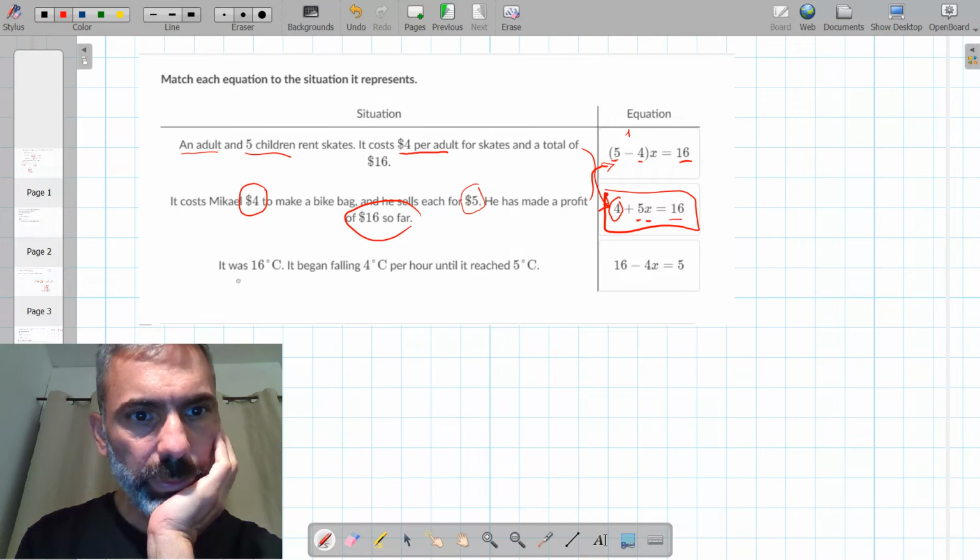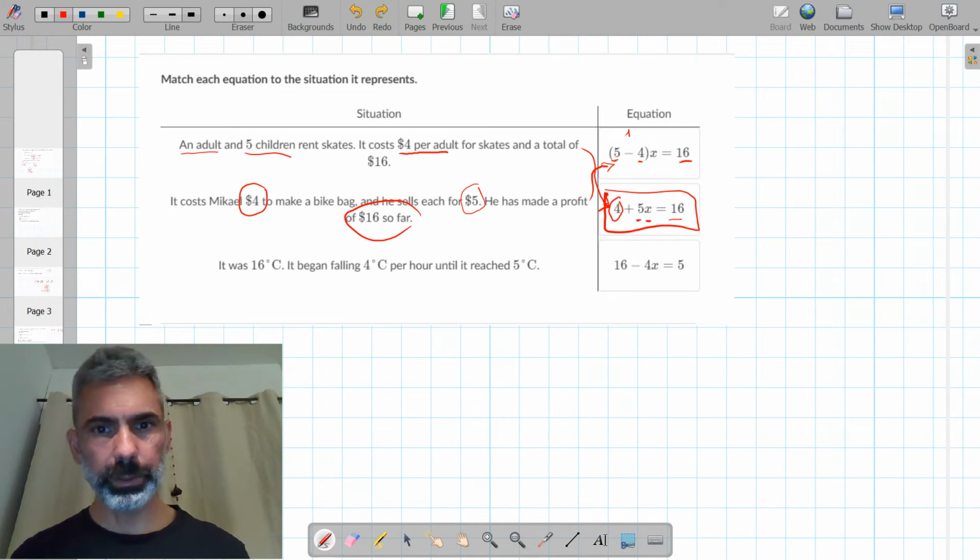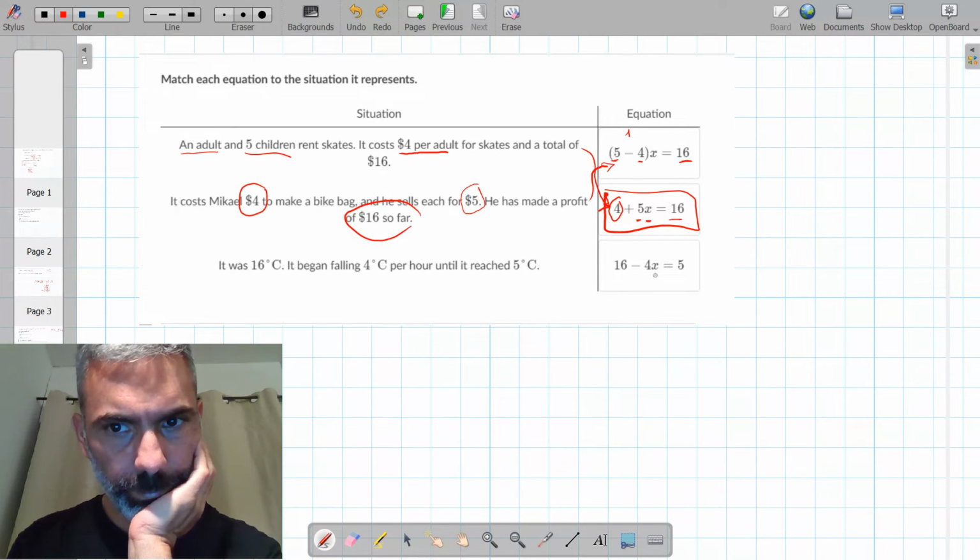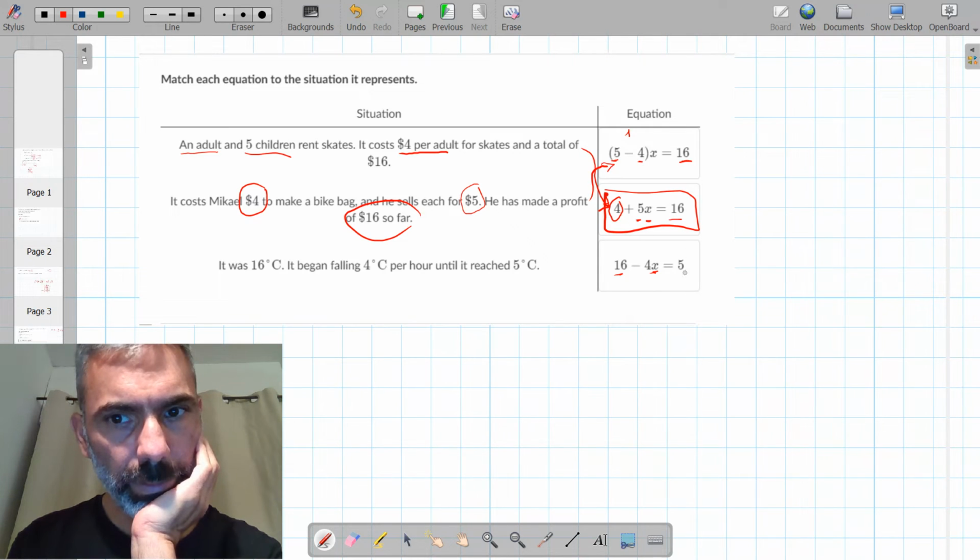So it was 16 degrees Celsius. It began falling 4 degrees Celsius per hour until it reached 5 degrees Celsius. Okay, so it began at 16. So x here represents the number of hours until it reached 5 degrees Celsius.